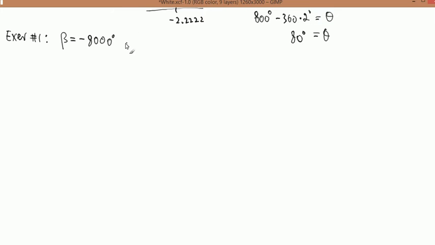Find an angle alpha coterminal to that angle beta and such that the measure of alpha is in between 0 and 360 degree, right?